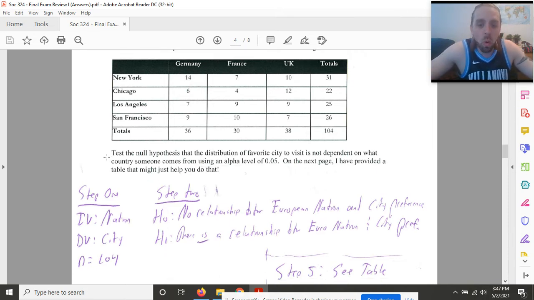And N is 104, 104 people. So step 2, there is no relationship between European nation and city preference. What would that be? That would absolutely be the null hypothesis. No relationship is always what the null hypothesis is referring to. And then for H1, there is a relationship between European nation and city preference.